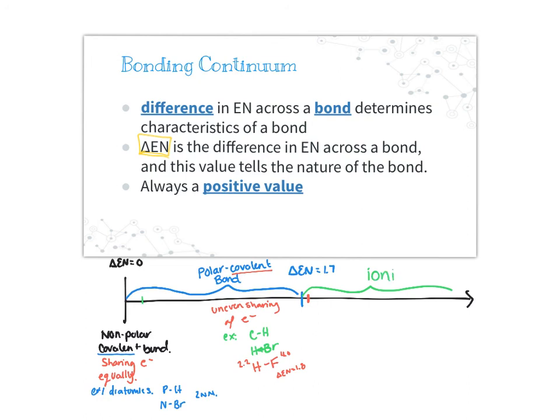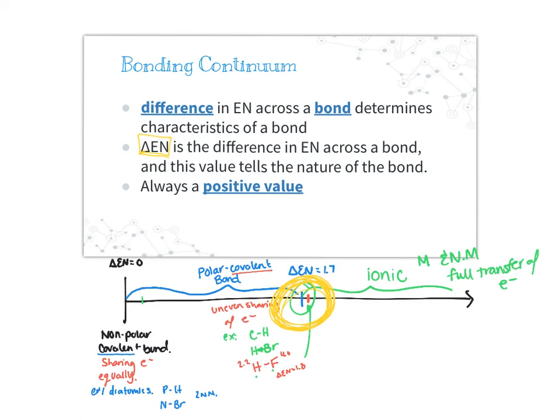However, what we know of the definition of ionic is a metal and a nonmetal and a full transfer of electrons. H is a nonmetal and F is a nonmetal. So this is still a covalent bond. It's just extremely polar covalent and teetering on the edge here. So this area around 1.7 can be blurry.